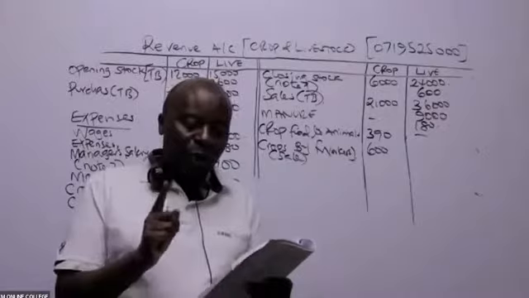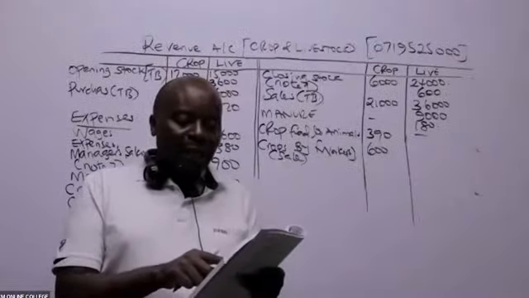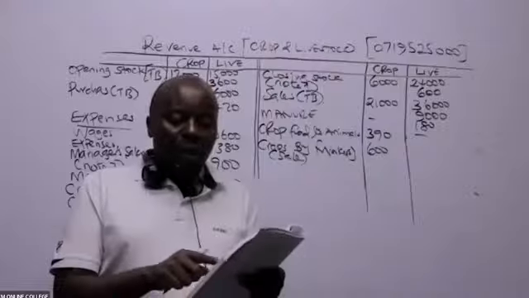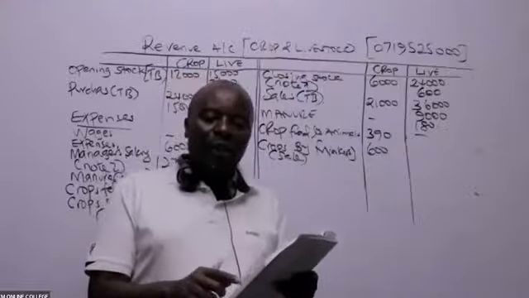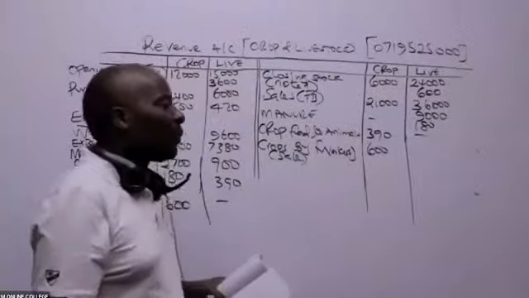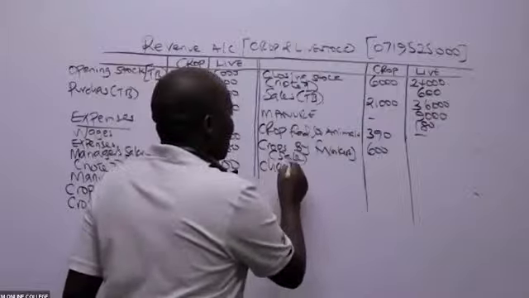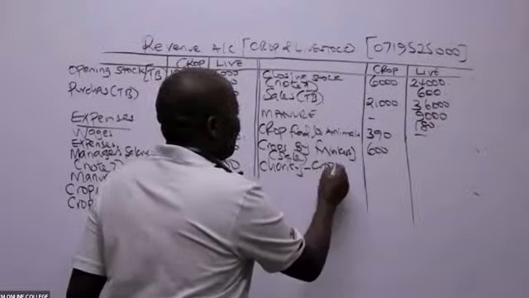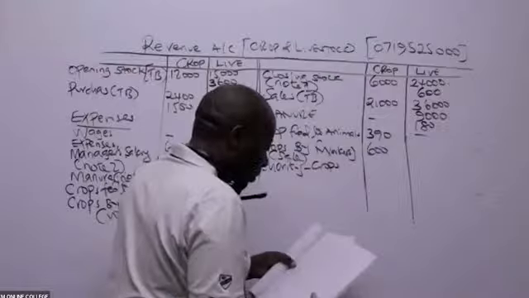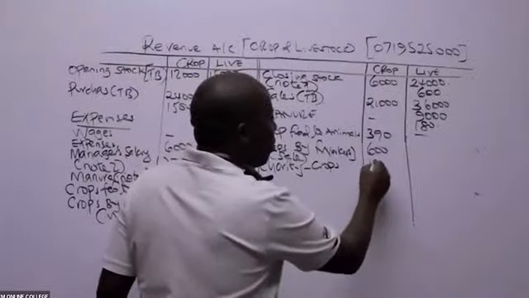But if you continue reading that statement, crops valued at 1,920 were donated to charity during the year. Crops have moved out of our stores. So in this case we have charity crops, 1920, for crops alone.